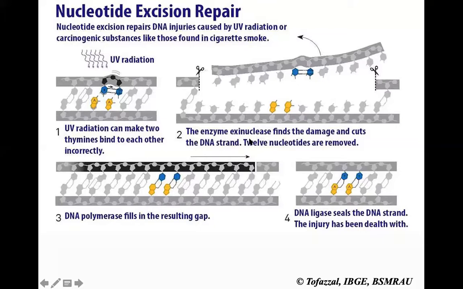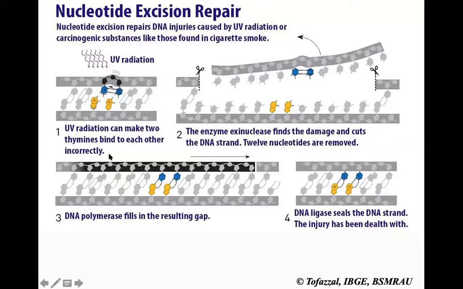The enzyme exonuclease finds the damage and cuts the DNA strand. Twelve nucleotides are removed here; it can be up to 20 nucleotides. Then DNA polymerase fills the resulting gap.